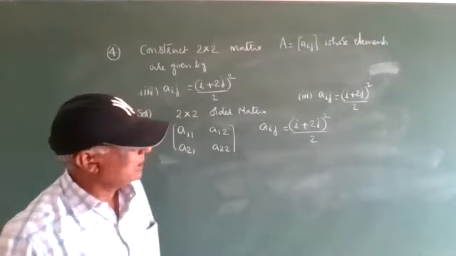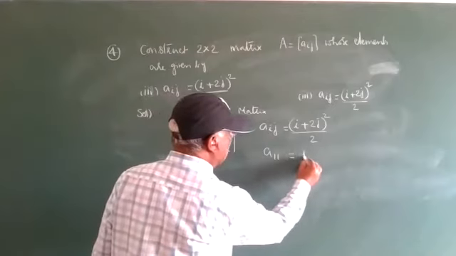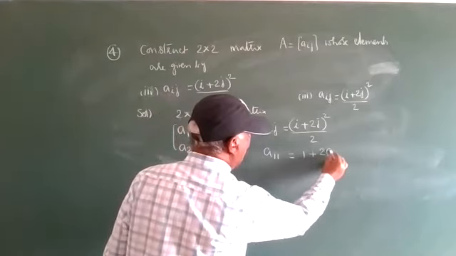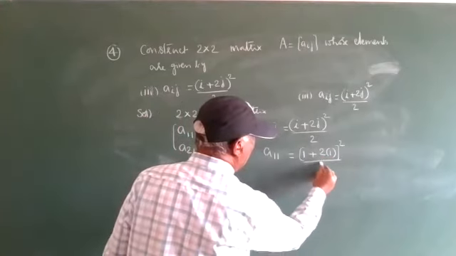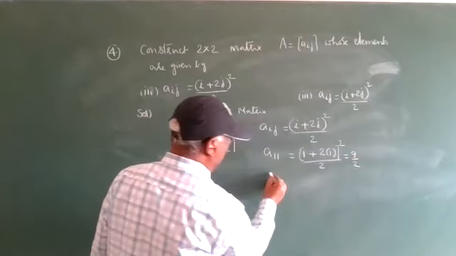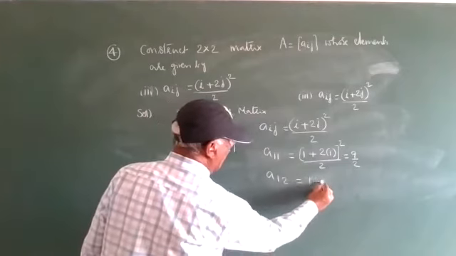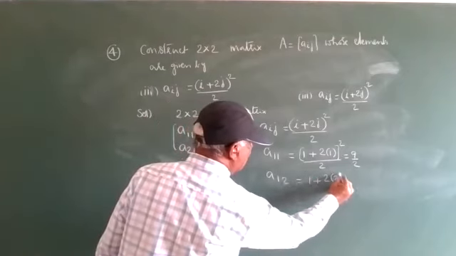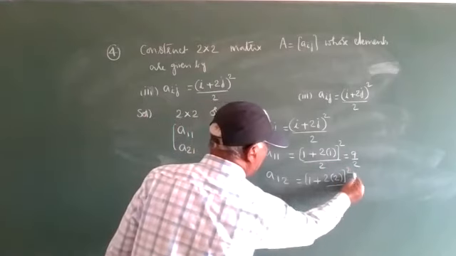So here A11: i place is 1, j place is 1, so (1 plus 2) whole square by 2. Its value is 9 by 2. A12: i place is 1, j place is 2, so (1 plus 2 into 2) whole square by 2.